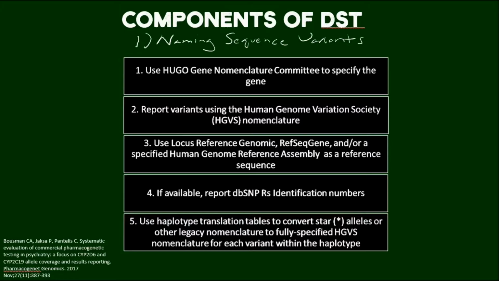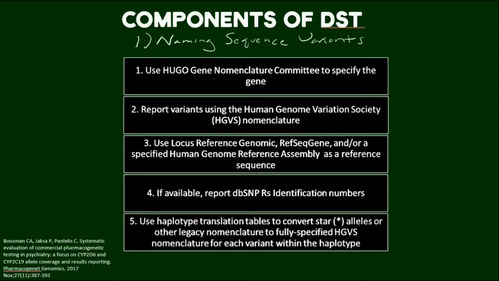Often what you'll see is that if you search a gene on the internet, you'll go to a gene information page, and you'll see that a gene can have 10, it can have 20 different names. So what the HUGO Gene Nomenclature Committee does is approve a given symbol and name.